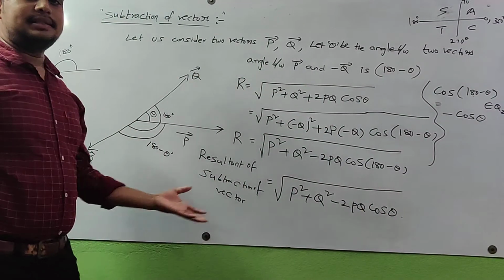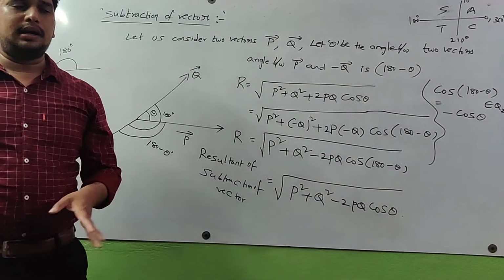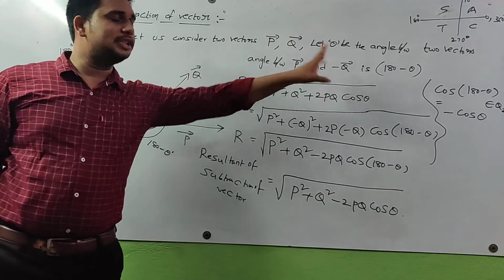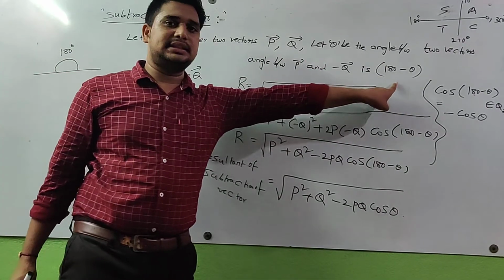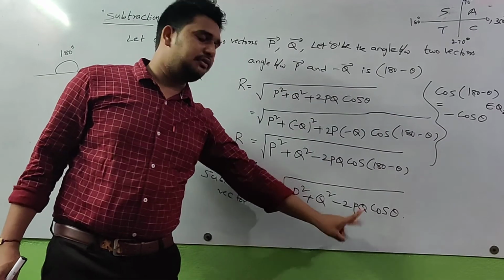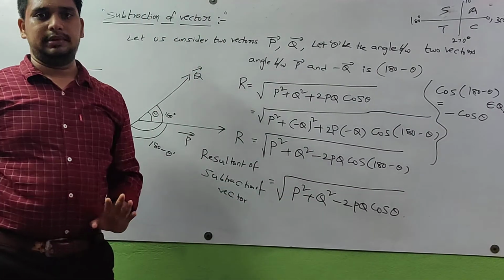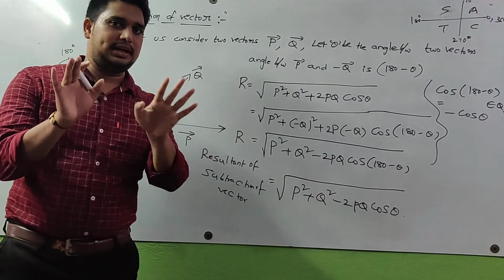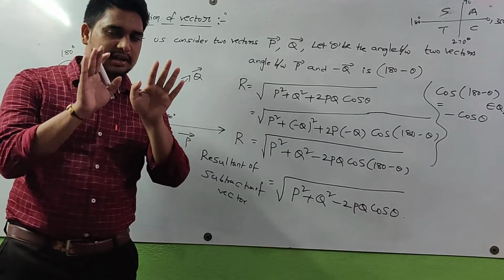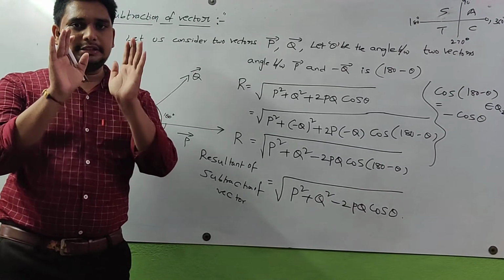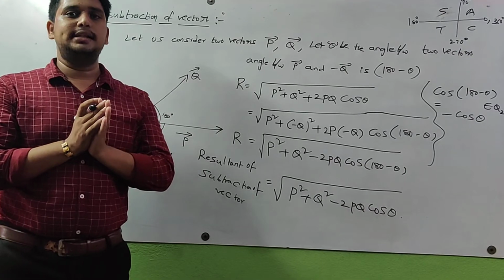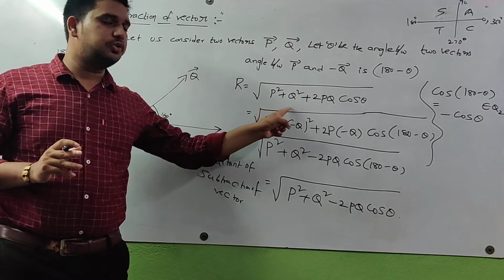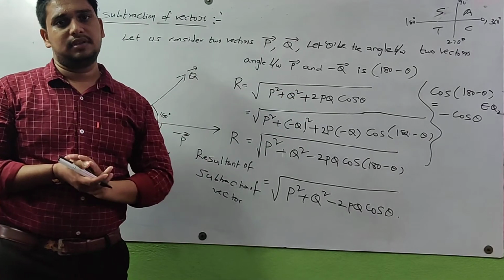So let us consider two vectors, p bar and minus q bar. The angle between the vectors is 180 minus theta. Then we got this resultant formula. Simple logic, students. For addition of vectors, the resultant magnitude formula is r equal to square root of p square plus q square plus 2pq cos theta.